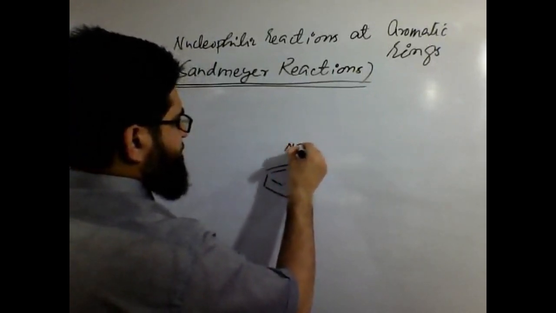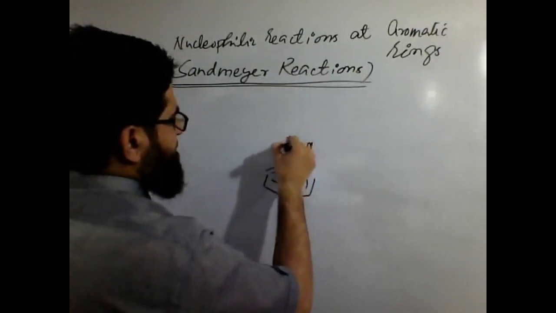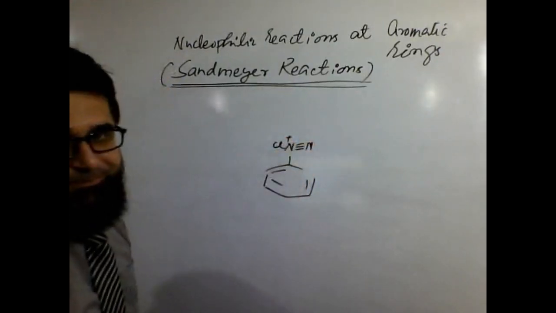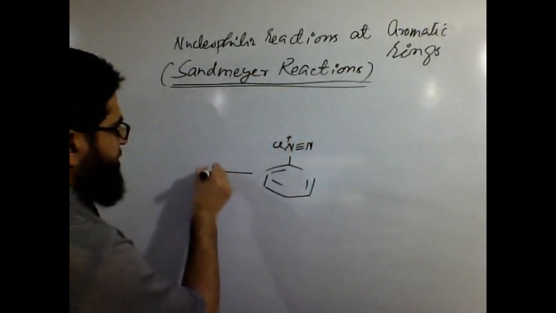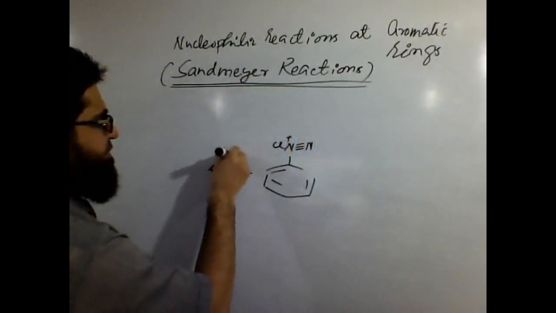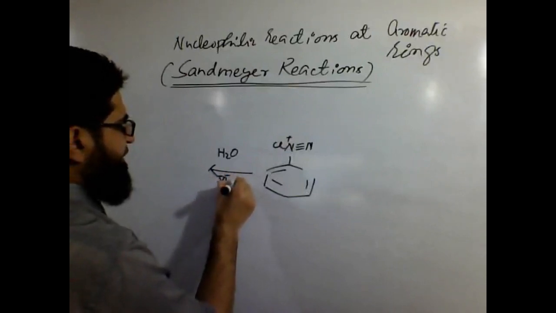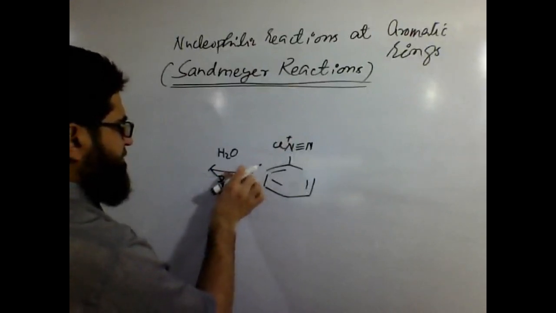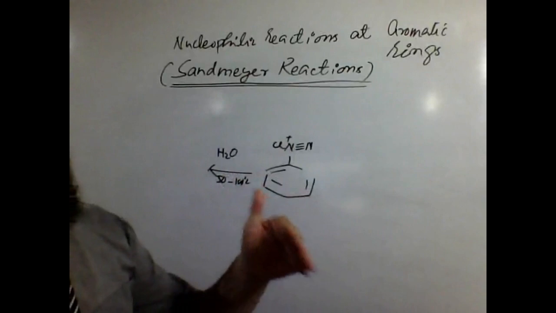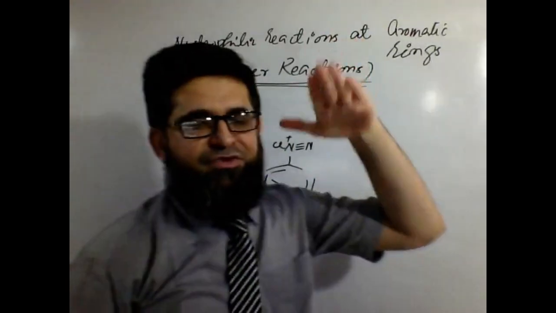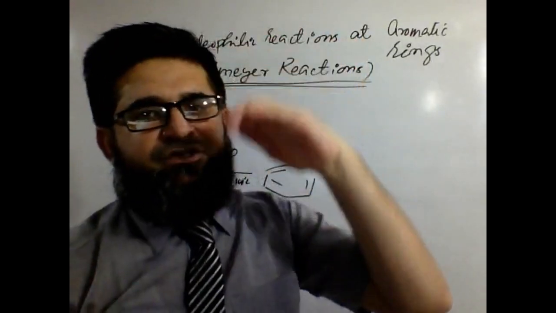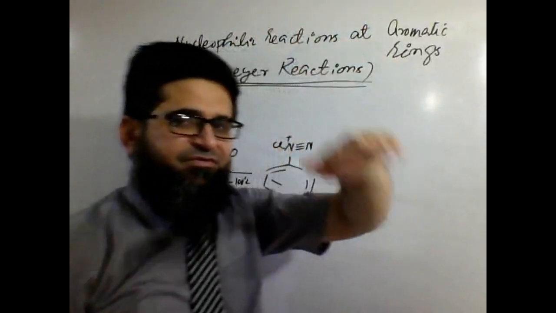Let's say you have some sort of a diazonium salt. We can simply react it with water, keeping the temperature from 50 to 100 degrees. As I have told you, we need to raise the temperature, more than 5 degrees.